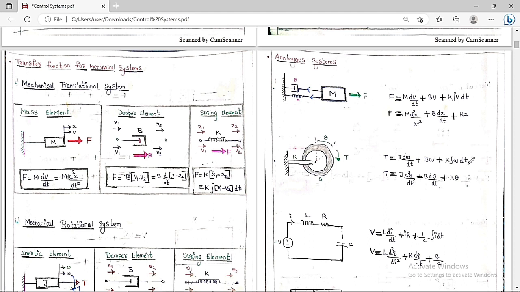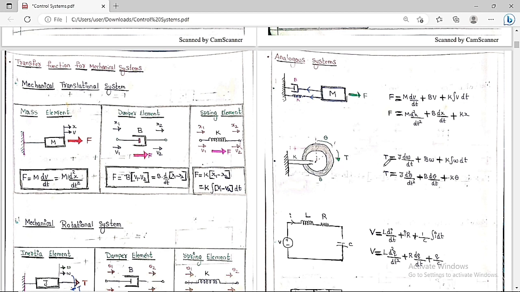Angular velocity is the rate of change of displacement, so omega is equal to d theta by dt. Then we get T is equal to J into d square theta by dt square plus b into d theta by dt plus k into theta. These are the different ways of writing the equations.